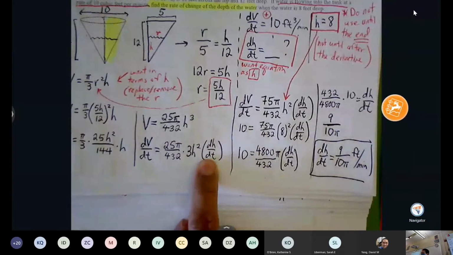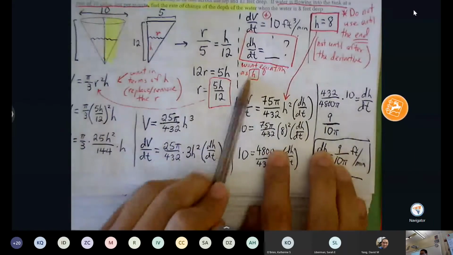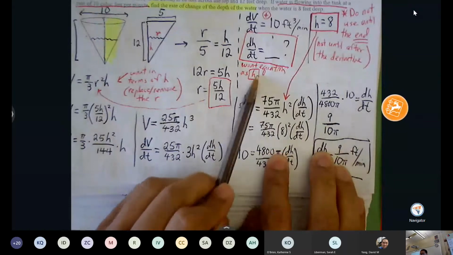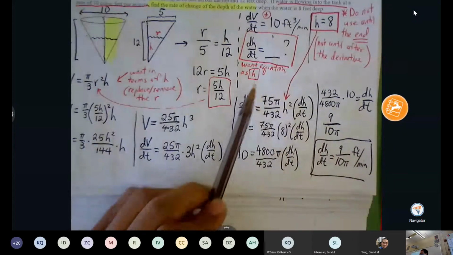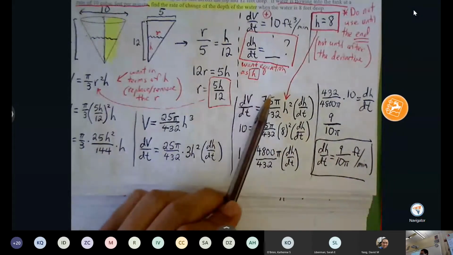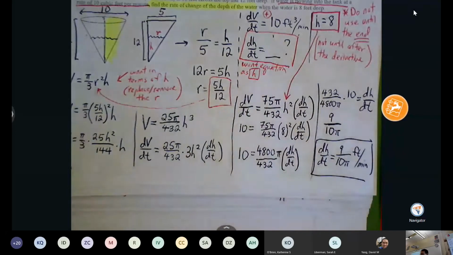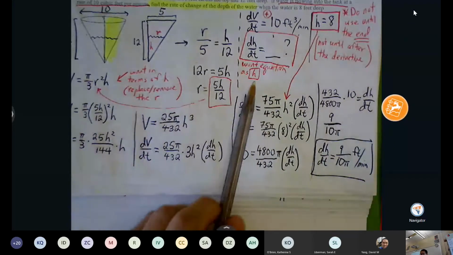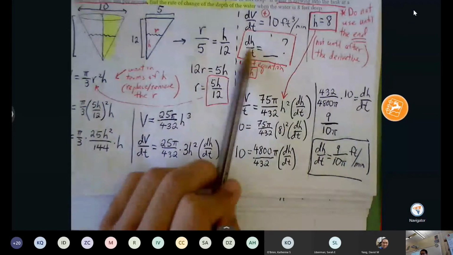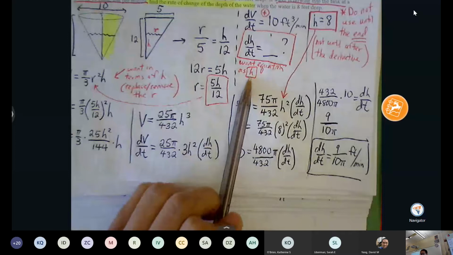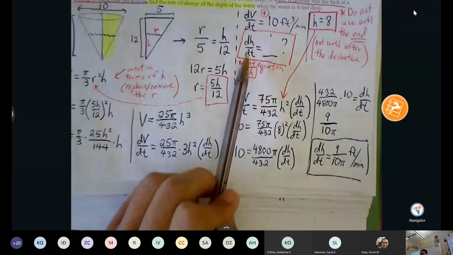Now, if you get everything in terms of r, there's still a way, it just takes a little bit longer. It's not as efficient to get to our final answer. You can solve for r if you want, get to dr dt, and then there's a conversion from dr dt to dh dt, but the fastest way is looking to use the variable that's related to what you're trying to find.